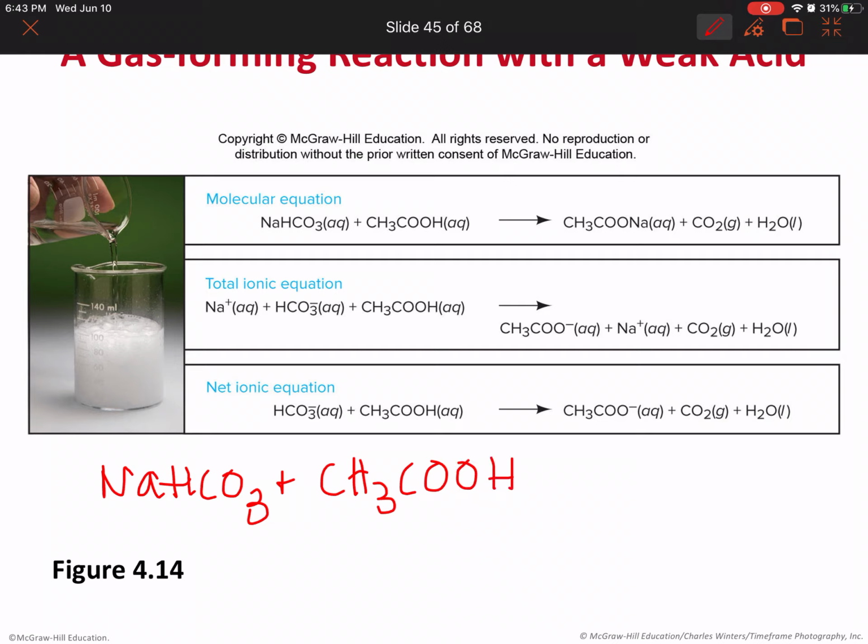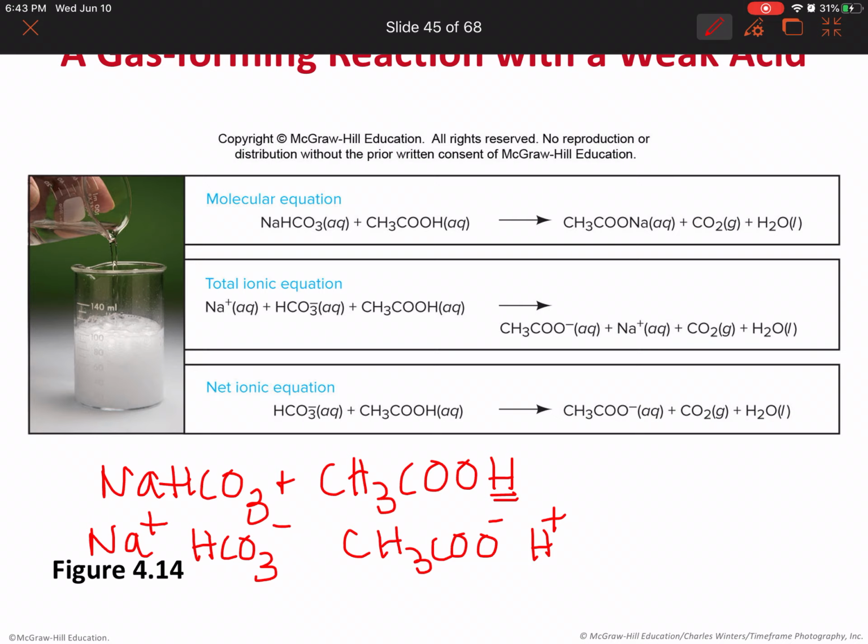CH3COOH, acetic acid. The ions that it is going to have are acetate ion and H plus. So this is the hydrogen that acts as an acid. And in sodium bicarbonate, the two ions are sodium ion and bicarbonate, which is the same as hydrogen carbonate.